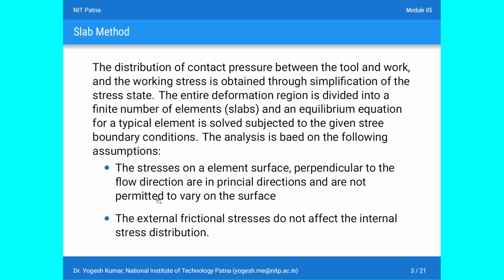Then the second assumption: the external frictional stresses do not affect the internal stress distribution. Okay, this is the second assumption in the case of the slab method. As I told, in the slab method, the equilibrium equation for a typical element or slab can be obtained or solved subjected to the stress boundary conditions suitable for the process under consideration.